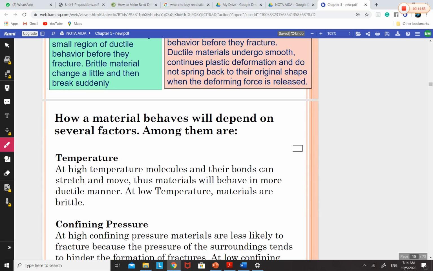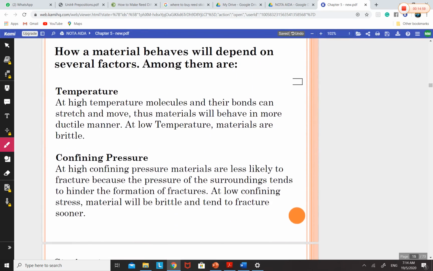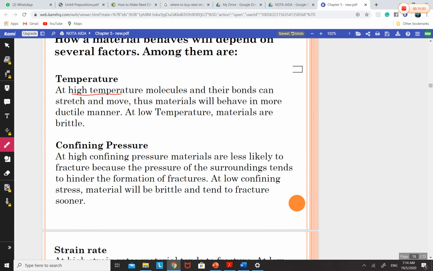Okay, this is for the ductile material. There are a few factors yang affect this kind of behavior. The first one is temperature. At high temperature, maknanya getting hot, all the molecules boleh stretch and move, so they behave in a more ductile manner. At low temperature materials are brittle.